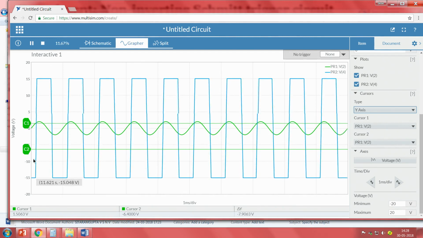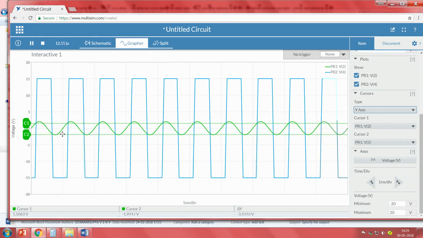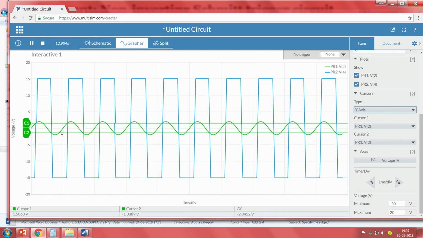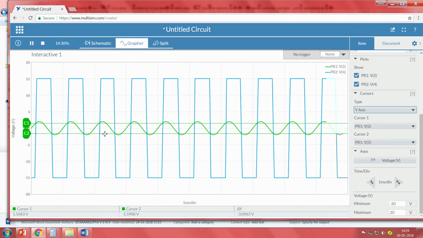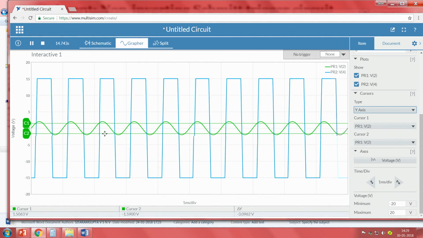Now, where should the other cursor be? At minus 1.5, because that is the threshold that we have created. I will go slowly a little down, up, okay, 1.59, yes, approximately minus 1.5.